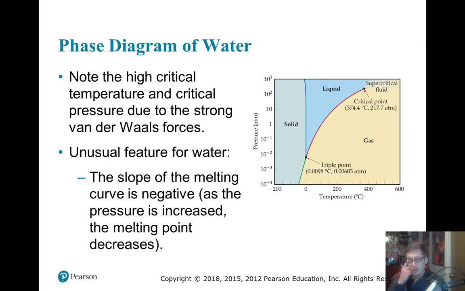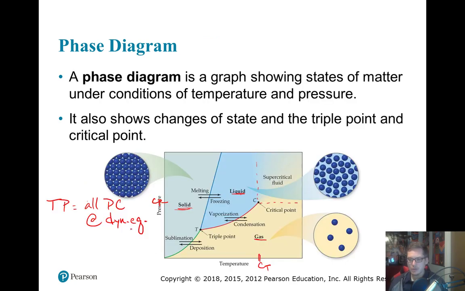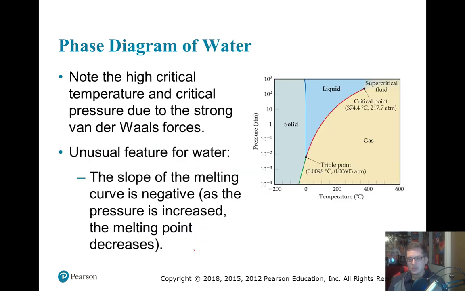The other super weird thing that goes on is notice that between solid and liquid for most substances we have a positive slope, but between solid and liquid water you actually have a negative slope. It slightly veers to the left. Essentially what this is saying is that if you had a chunk of ice at 0 degrees Celsius, 1 atmosphere would be somewhere around here.